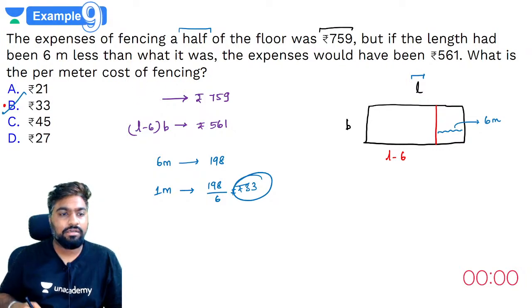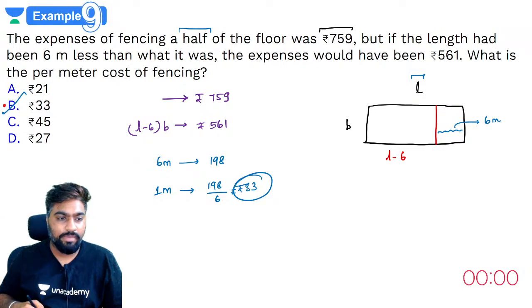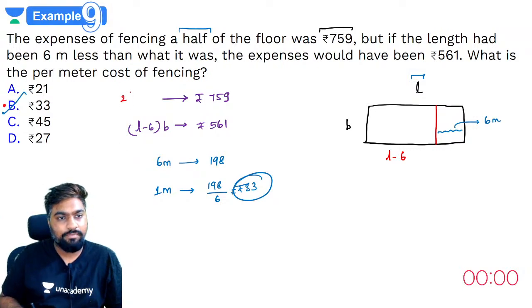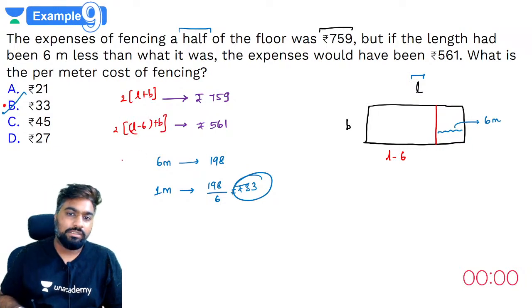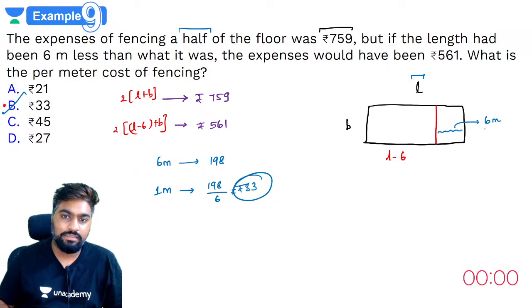You can take the perimeter. Take the perimeter if you want to. 2 times L plus B. और यहाँ पे क्या हो जाएगा? 2 times L minus 6 plus B. The idea here is this. That's it. Idea क्या है? Extra 6 meters के कारण उसको extra 198 rupees देने पड़ रहा है.